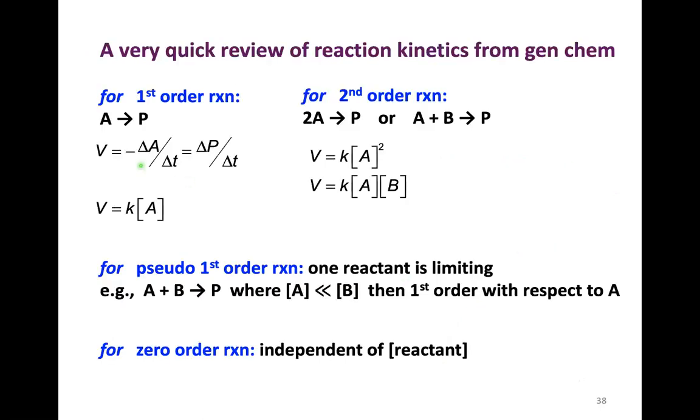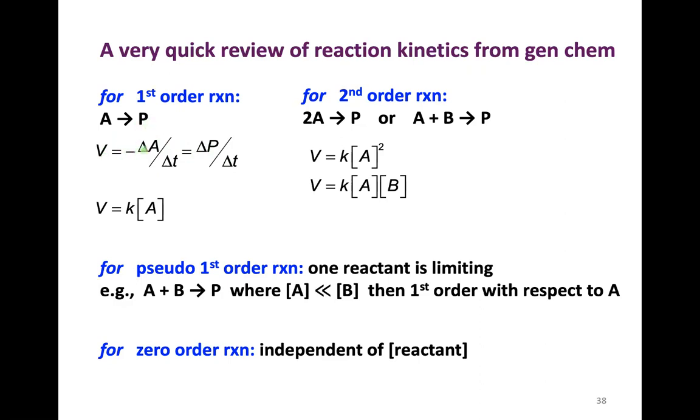So just as a refresher from general chemistry, when you were introduced to reaction kinetics, we can talk about the first order reaction. And of course, you'll be talking about this in more detail in physical chemistry, where you have partials and so forth. But for our purposes, just a delta, the change in product concentration over the change in time gives us the velocity for a first order reaction.